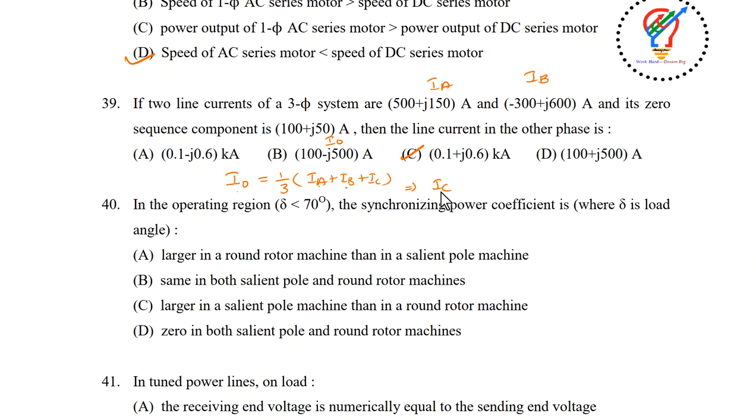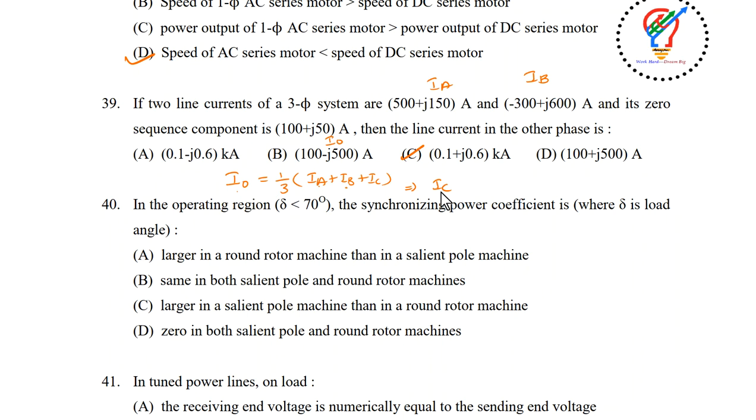Next, the 40th question. In the operating region delta less than 70 degrees, where delta is the load angle, the synchronizing power coefficient is: larger in a round rotor machine than a salient pole machine; same in both salient pole and round rotor machines; larger in salient pole machine than in a round rotor machine; or zero in both.